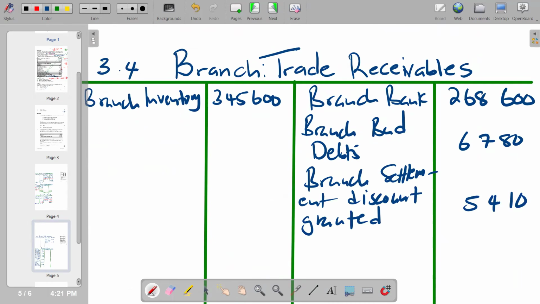So those are the two entries that are still outstanding in the branch trade receivables.